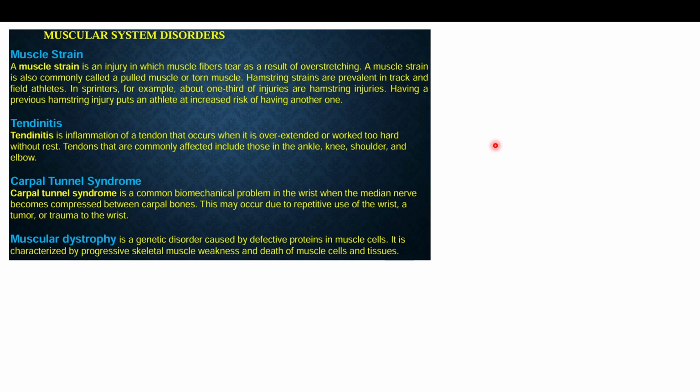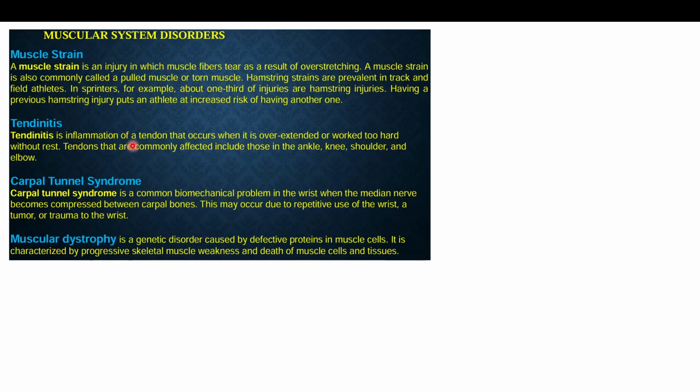Now, if you look at the muscular system disorders, muscle strain is an injury where the muscle fibers can tear as a result of overstretching, and it can be a pulled muscle or a torn muscle. So hamstring strains are prevalent in athletes, right? Then there can be tendinitis.